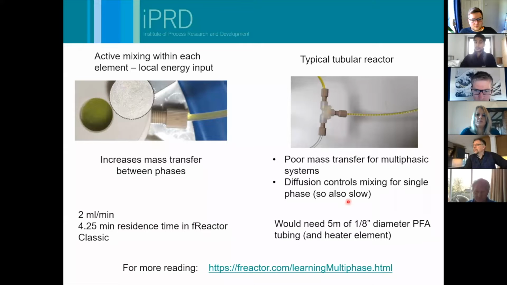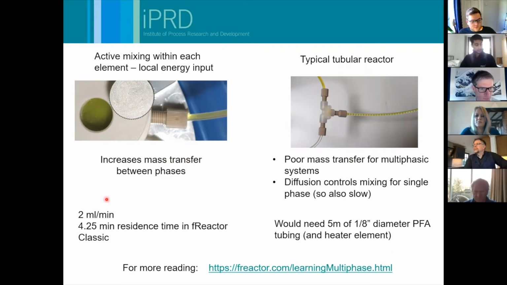That means we've got diffusion control of these interfaces, and even with single phase chemistry, so maybe we have two miscible chemistries coming in over on the left hand side, it's still diffusion controlled. So again, the mixing characteristics are very slow within these types of systems.